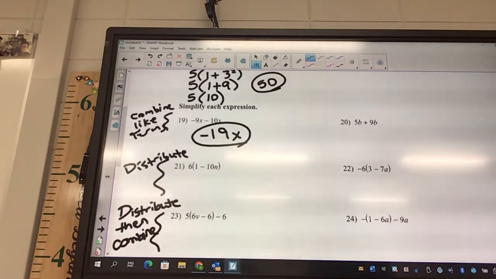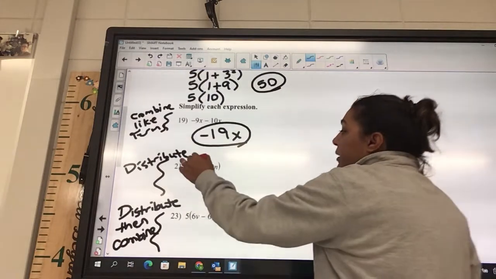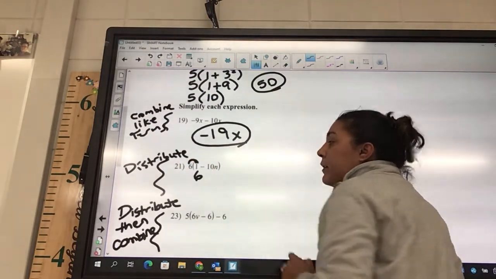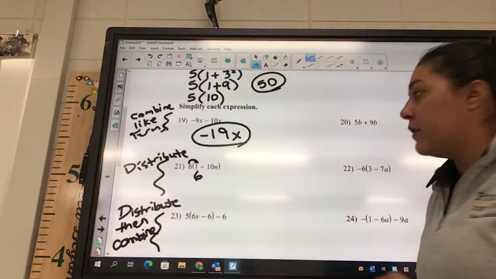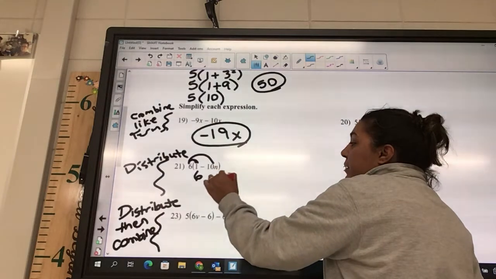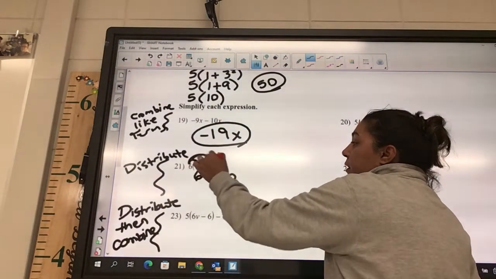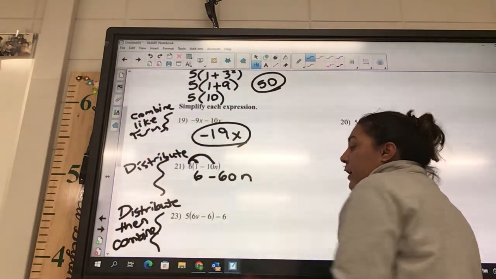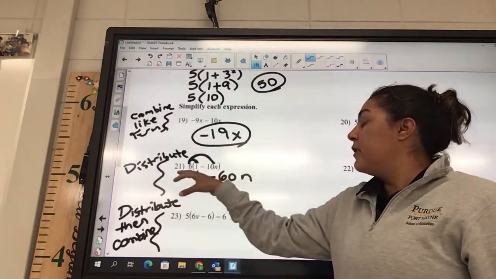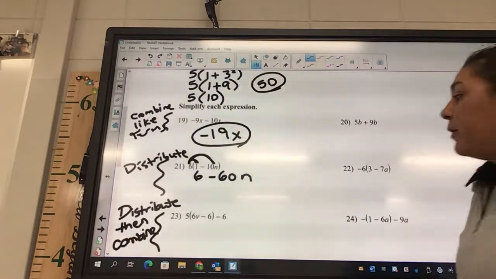Okay, on just the distribute one, so I got 6 times 1 is going to be 6, and from here to here, there is no X, so that's just going to be 6. 6 times negative 10 is going to be negative 60, and from here to here, I have one X. Okay, and we can see that there's nothing to combine afterwards. I got one with an X, one without, and so that's why these ones are just to distribute.